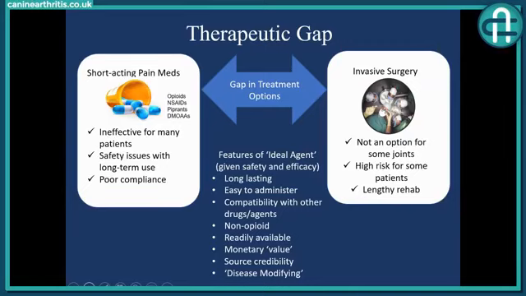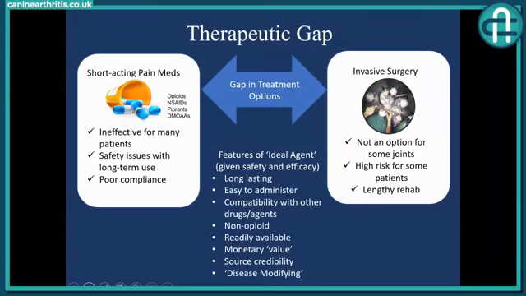And of course, we talked briefly about surgery, but that's in a further camp unto itself. But we really have this gap. And if you were going to go home and design the ideal agent to treat osteoarthritis, what features would it have? Well, you'd want it to be long-lasting. You'd want it to be easy to administer, compatible with other drugs or agents, because we already talked about this multimodal concept by using drugs that work best together, that you want something coming to the market new that will work with other drugs.